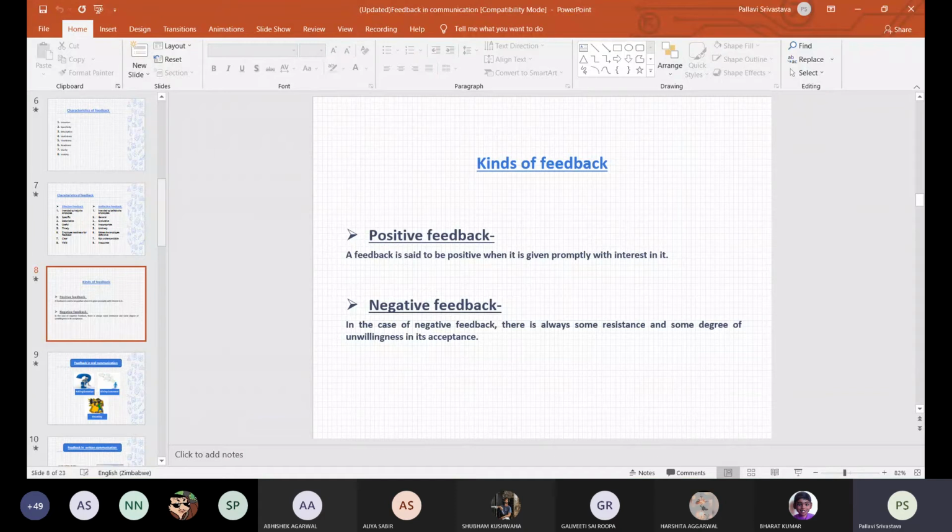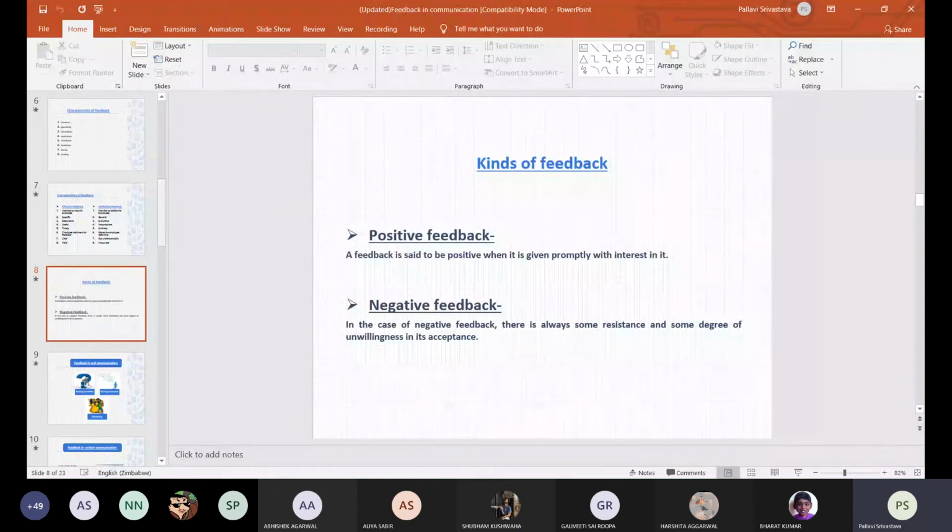When it comes from someone respected by the person getting the feedback, there are chances that the person will take it without any resistance. Then they accept that they are at fault and that some correction should be made in their behavior or in their performance.